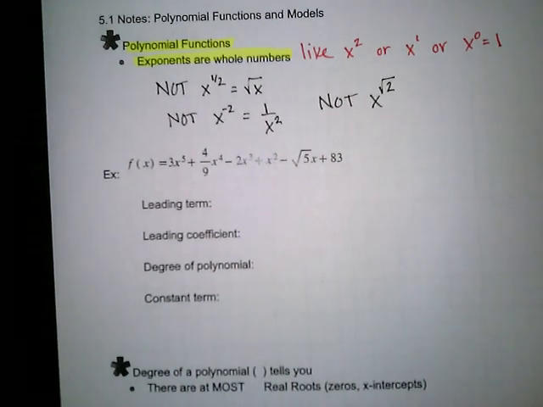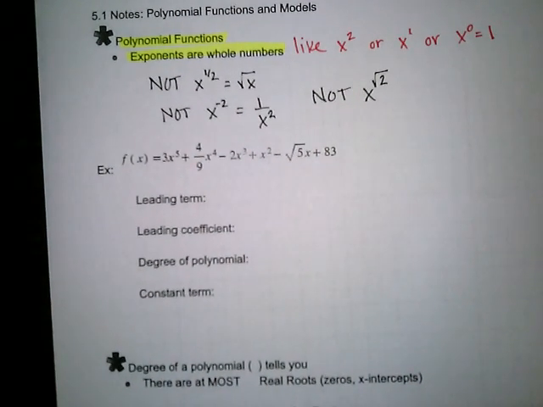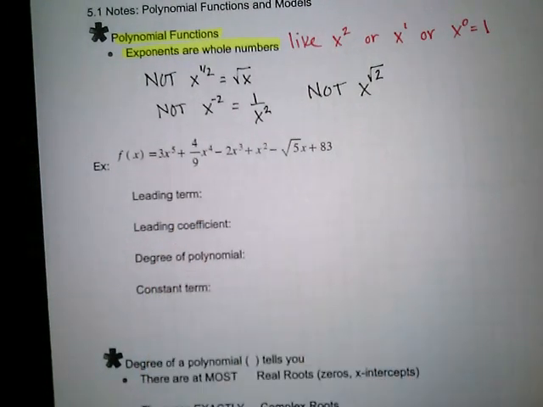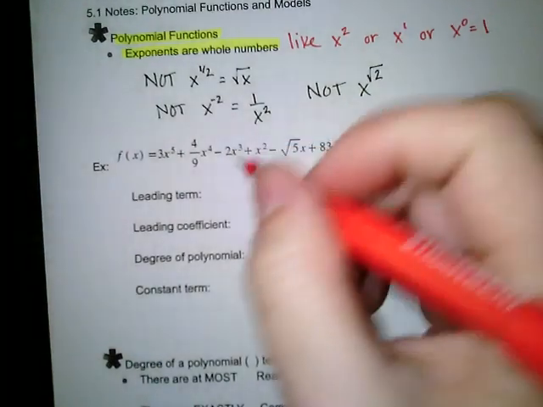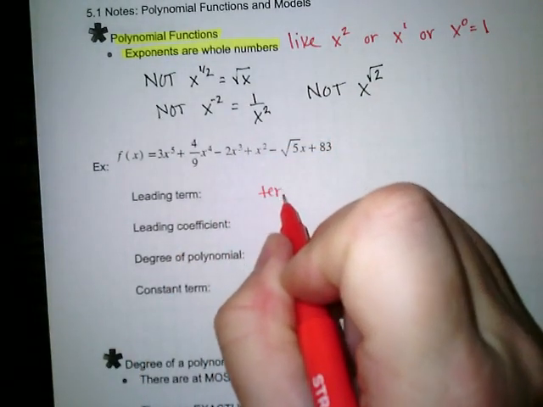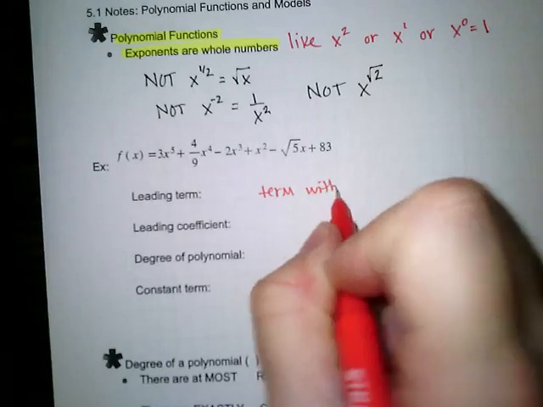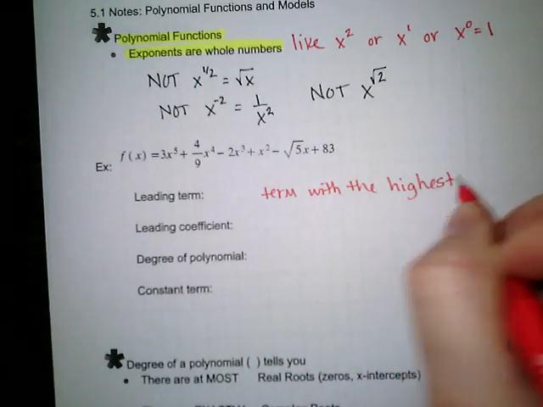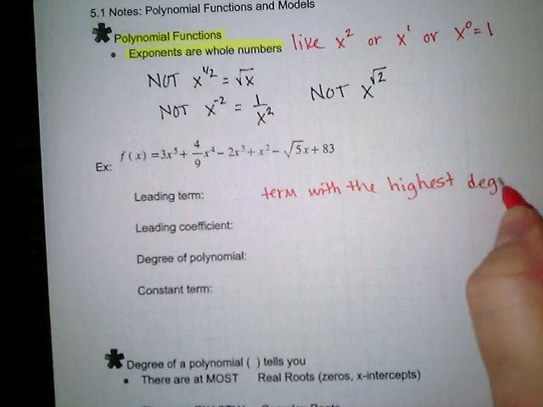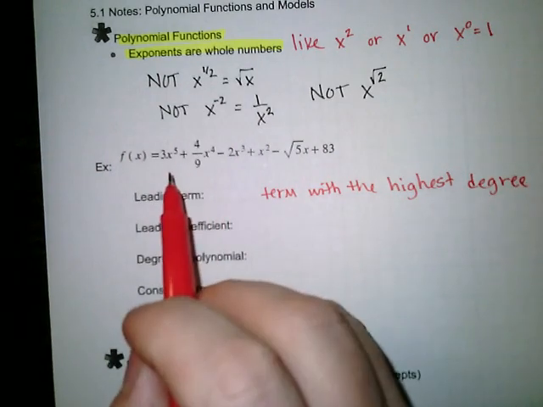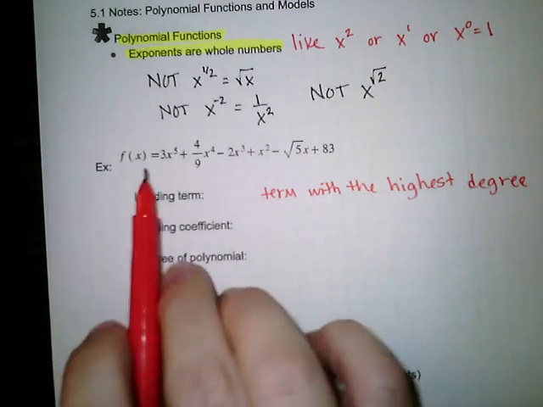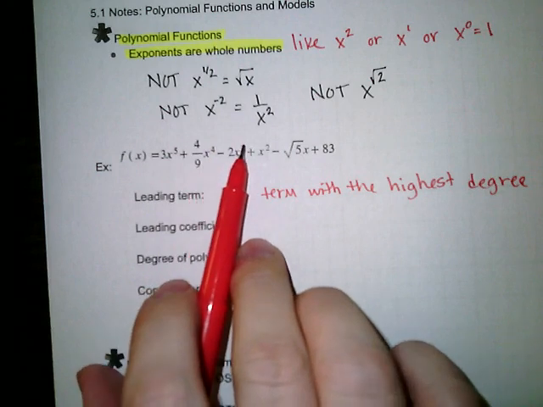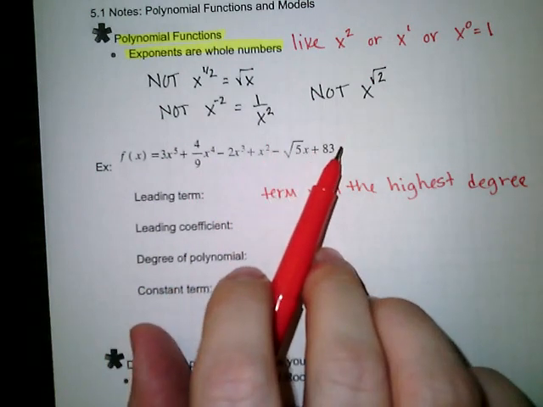And we want to talk about the leading term, the leading coefficient, the degree, and the constant term. The leading term is the term with the highest degree. Now, the function I've given you here is in what we call standard form, which means that it goes from highest degree to lowest degree on the exponent.